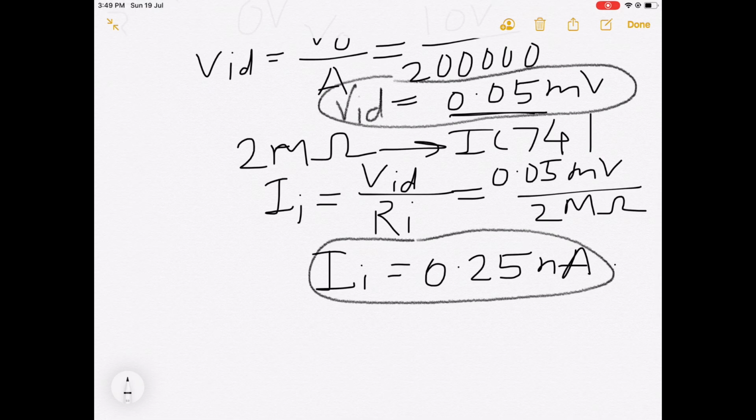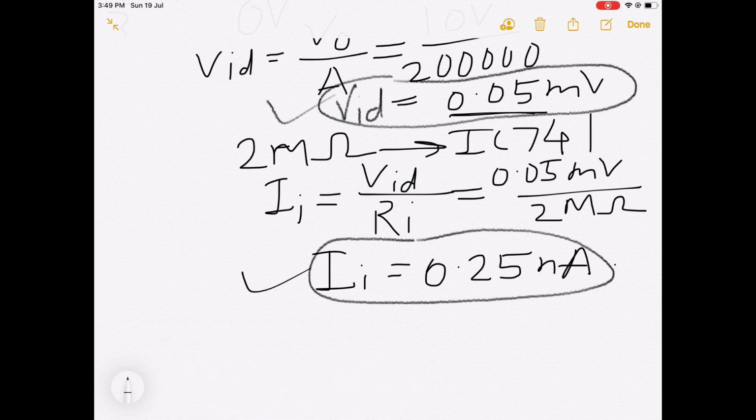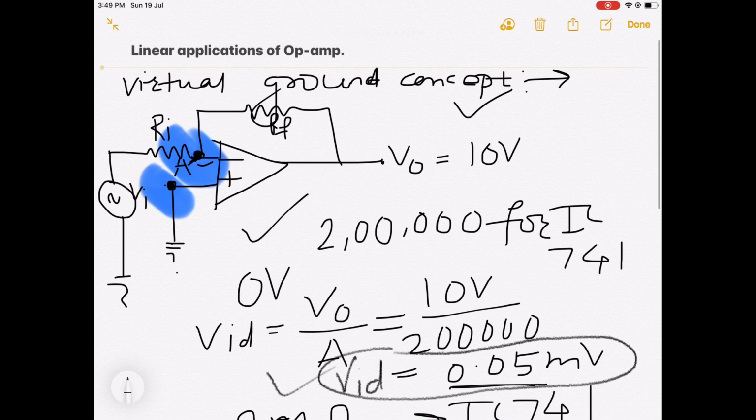For any input voltage applied at inverting input, the input differential voltage VID is negligibly small. As shown above, VID is very small and input current is also ideally 0. Hence, the inverting input acts like a ground potential.